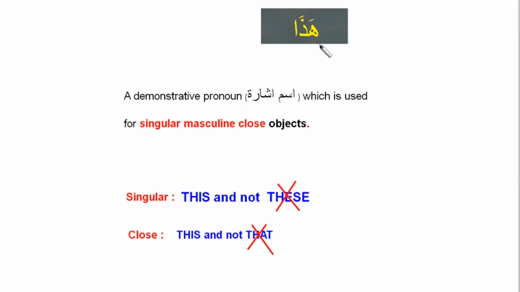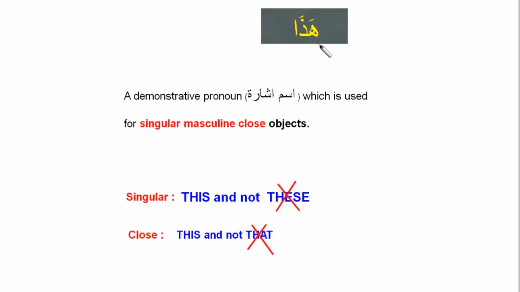When you are demonstrating, for example, you are standing with a friend, and you point to something for him to look at. For example, you say, this is a masjid, while pointing. So in that process, you are demonstrating to him.